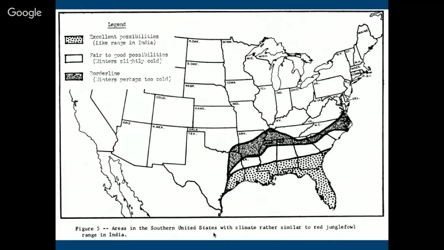Different tools, more data, but what did Gardner Bump do but to create some mental or textual or perhaps quantitative model of the temperature range under which red junglefowl were distributed in the species' native range, and then he transferred that model to North America and used that as a guide for where the species might be introduced successfully in the US.